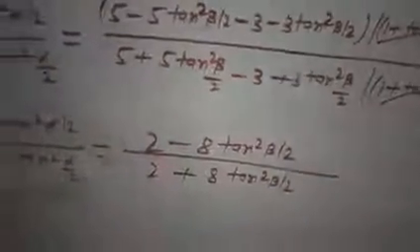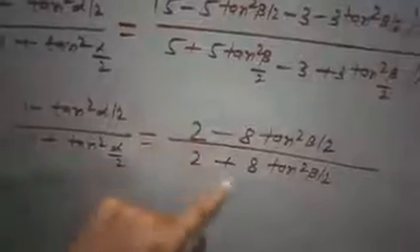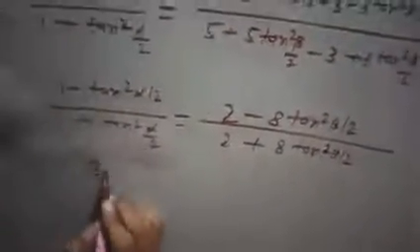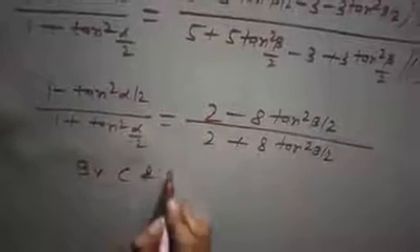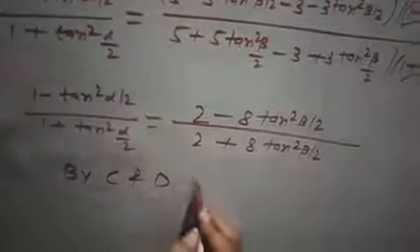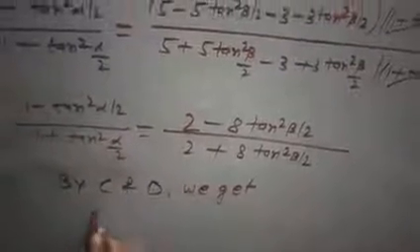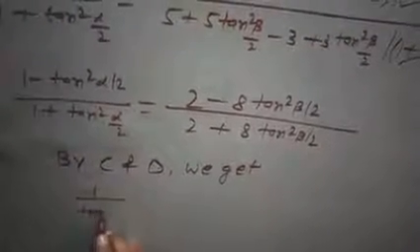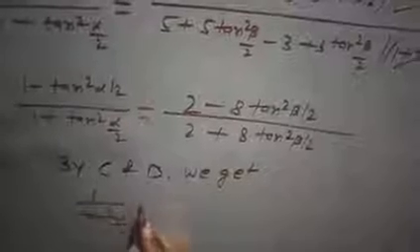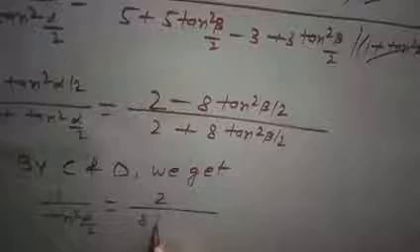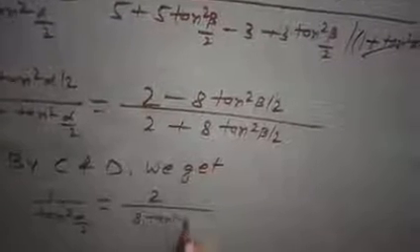Now you can see, here is minus, here is plus, same thing is there. So here by componendo and dividendo, we get what? 1 in numerator and tan square alpha by 2 in denominator. Now here 2 is numerator and 8 tan square beta by 2 in denominator.